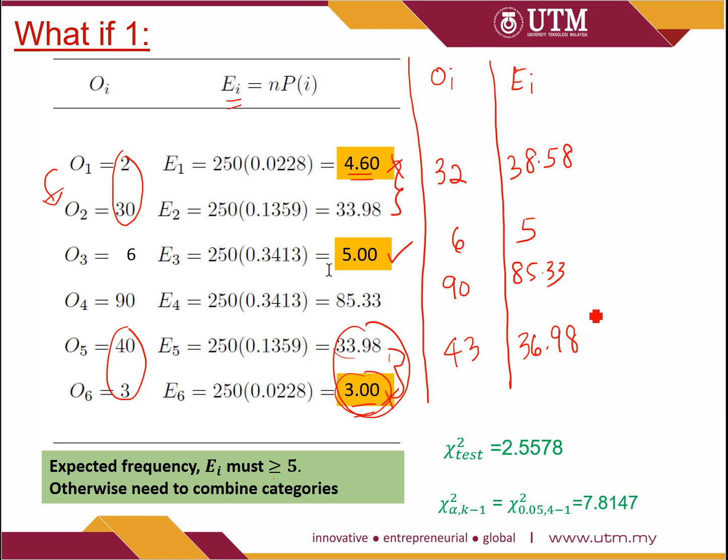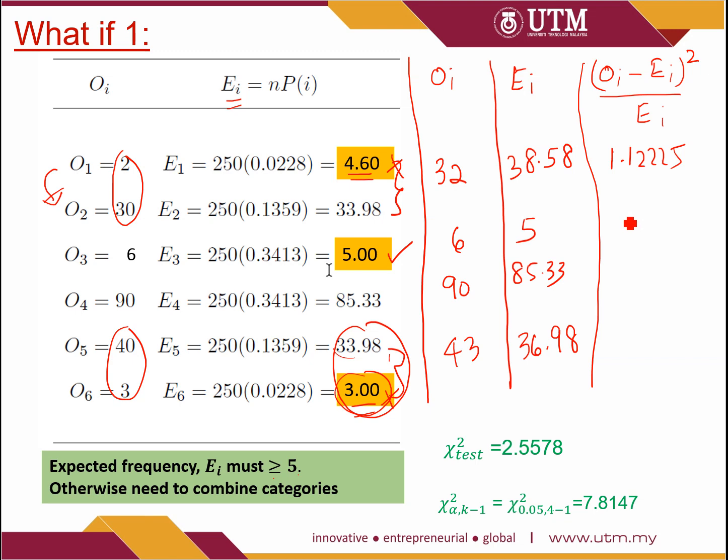Then after you already combine the categories, you can find the value of your OI minus EI squared divided by EI. So use these new categories, this new column, to find the value of OI minus EI squared divided by EI. So this one you would have 1.1225.